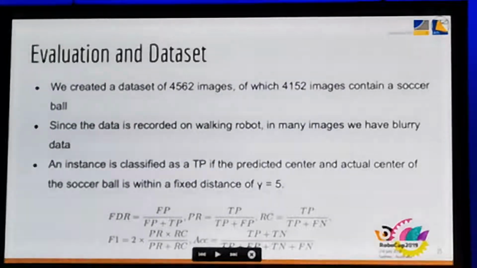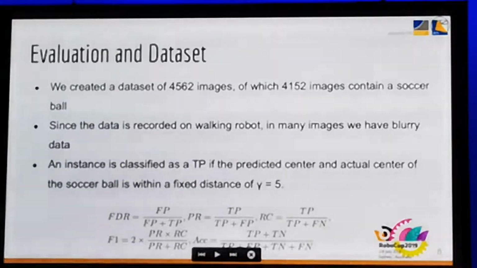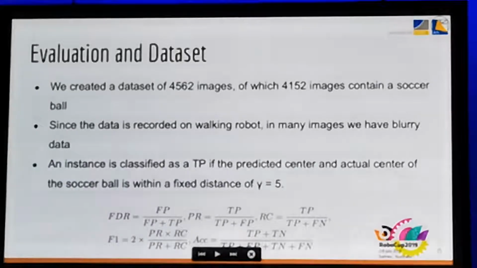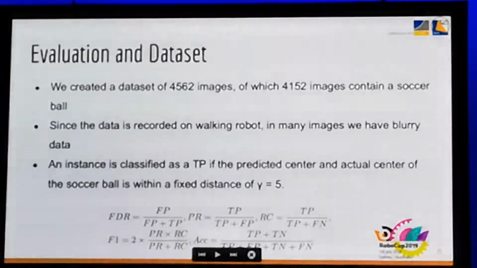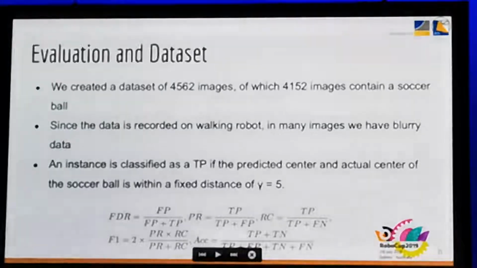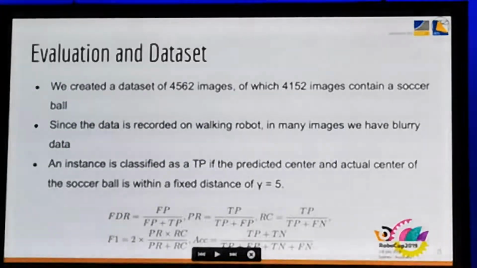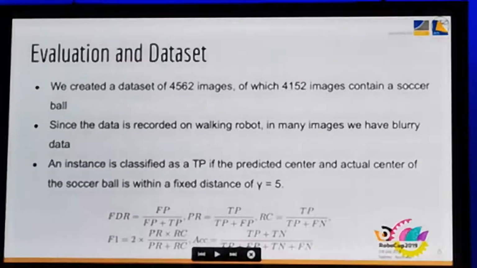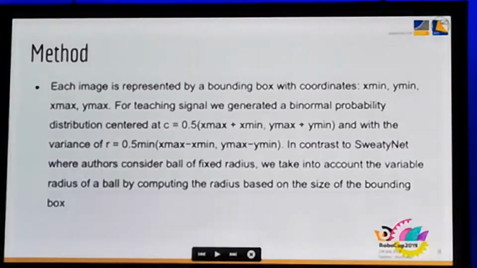So we created a data set of around 4,500 images, and around 4,000 of them have images of a ball. Since the data was recorded on walking robots, many of the images are blurry, and we used a standard way of evaluating detections using FDR, PR, and RC.